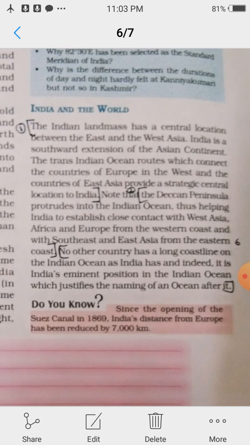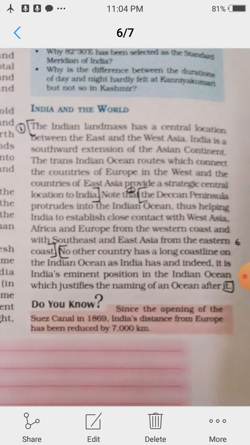Note that the Deccan Peninsula protrudes into the Indian Ocean, thus helping India to establish close contact with West Asia, Africa and Europe from the western coast and with Southeast and East Asia from the eastern coast.